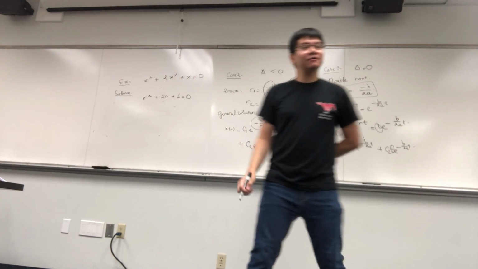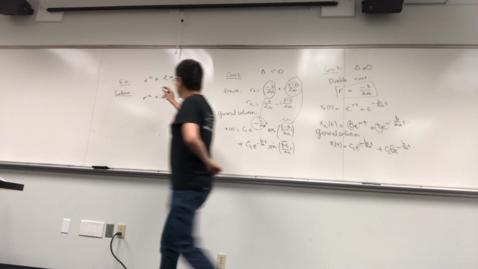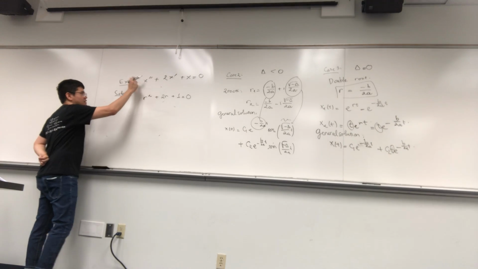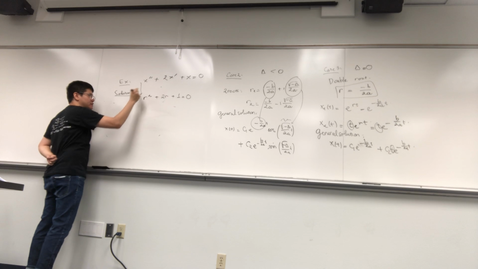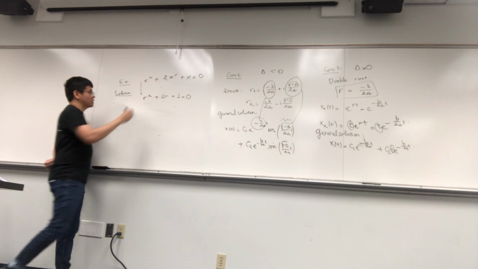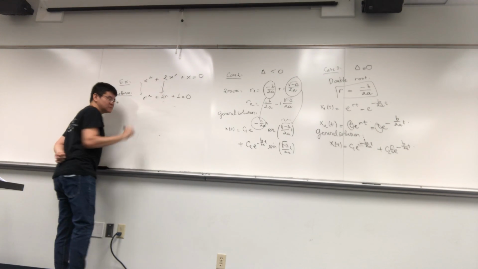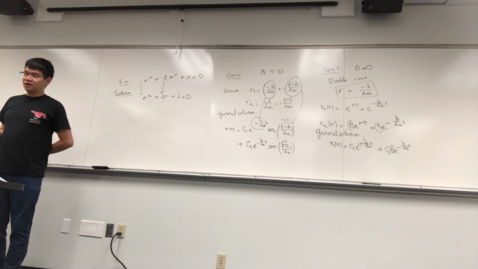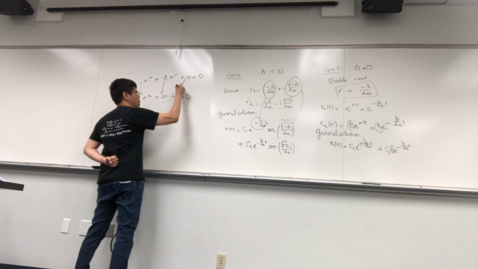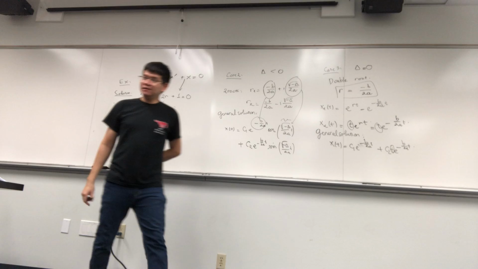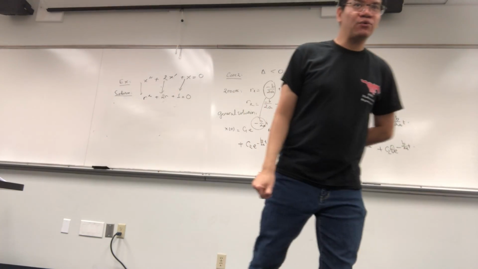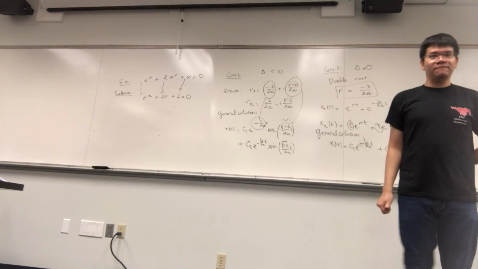So this is the characteristic equation, because the constant here is 1, so you project it to r squared. The constant here is 2, so you project it to r, and the constant here is 1, so you project it to 1, right? So the characteristic equation is r squared plus 2r plus 1.